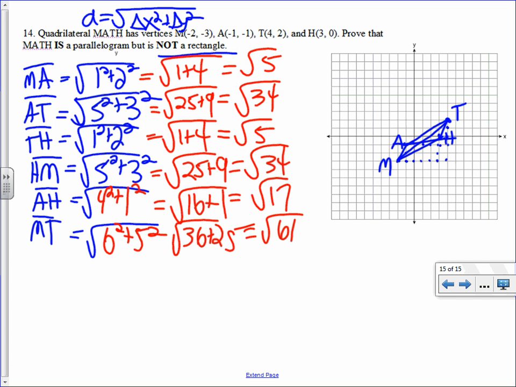Now, we have to explain it. Well, you have to know the explanation. You have to know how to prove something's a parallelogram, and you can tell me that.